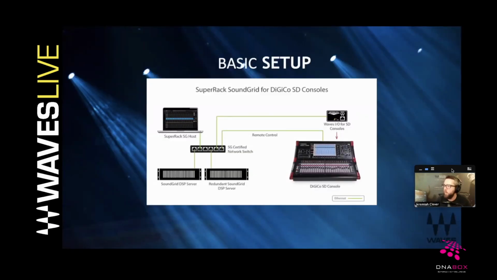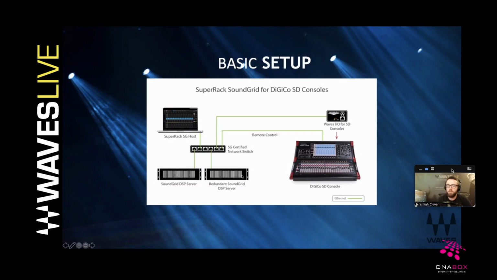So just to give you kind of a visual representation here of what a SuperRack setup would look like. So this is showing us a pretty basic setup with a Digico console. Digico, for the most part, includes the Waves I/O card on all the SD consoles as standard, or at least optional.